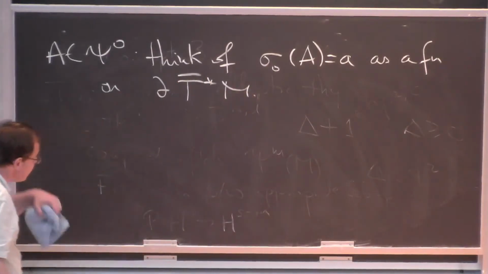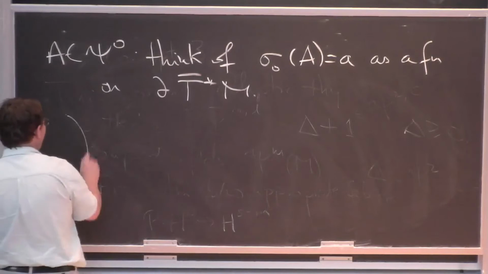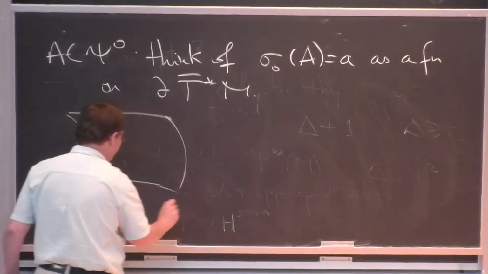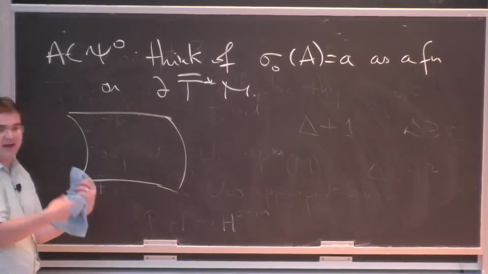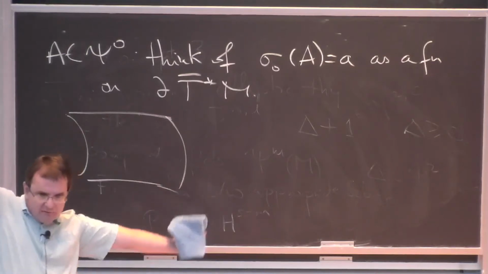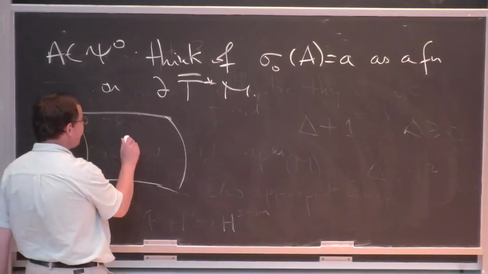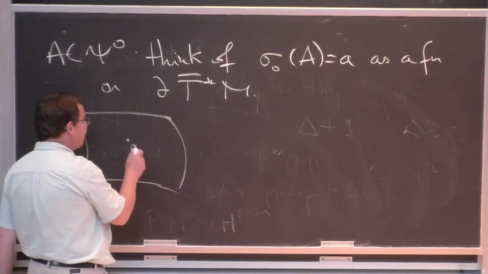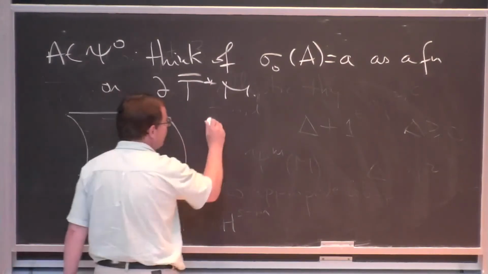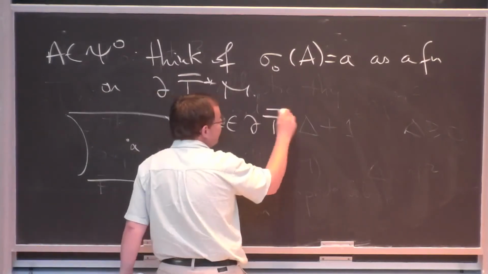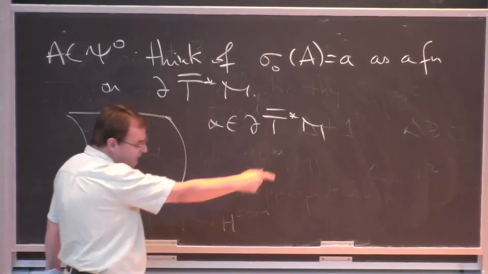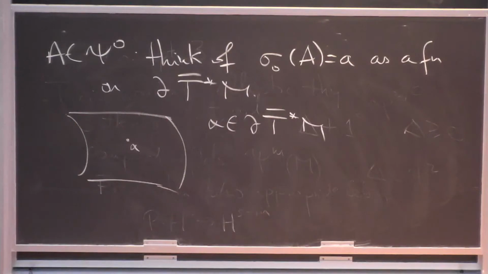Okay? And now my space is the cosphere bundle, but I think of it as infinity in the fibers of the cotangent bundle. And now the way I want to localize, if I say have a point alpha in here. Again, you can always just think that you are working with a finite sphere by choosing a Riemannian metric, blah, blah, but it's totally irrelevant.